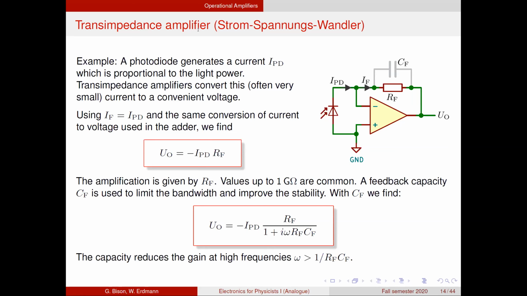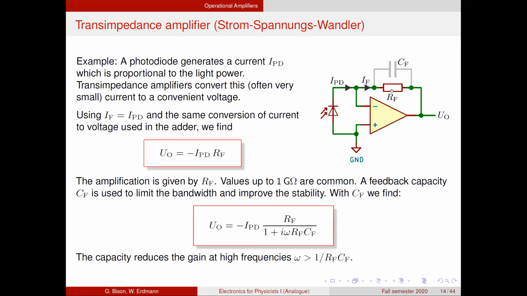And as we've seen, this kind of feedback here produces an output voltage that is sufficient to generate a current in this feedback resistor, which is equal to the current that comes in. Yeah? For the adding amplifier, the current that came in was generated with, well, many resistors.